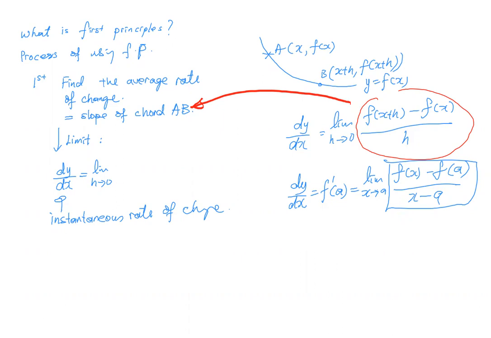If you want to get a good grade, you make sure you know all the meaning, especially those who want to get A+. Are you okay? Okay, so that is what is first principle.